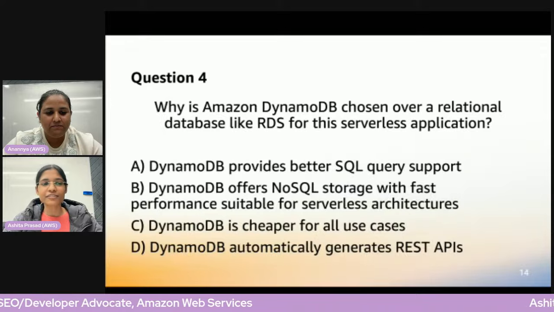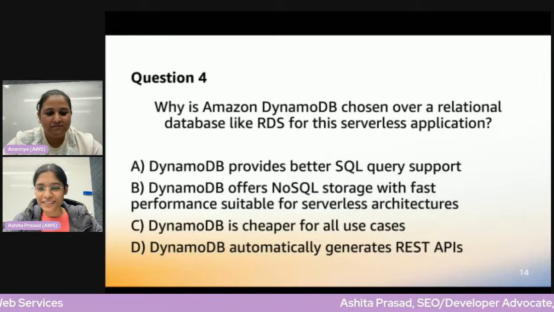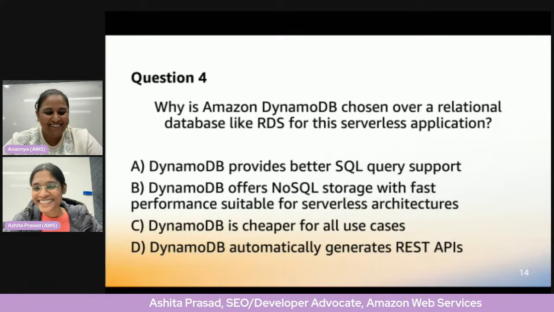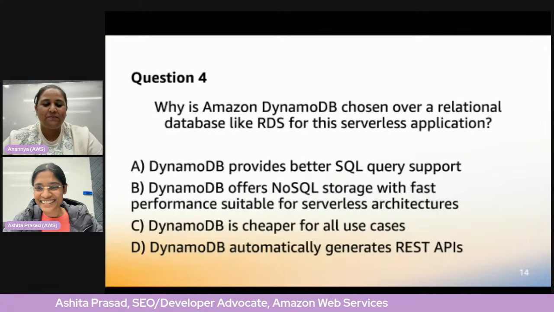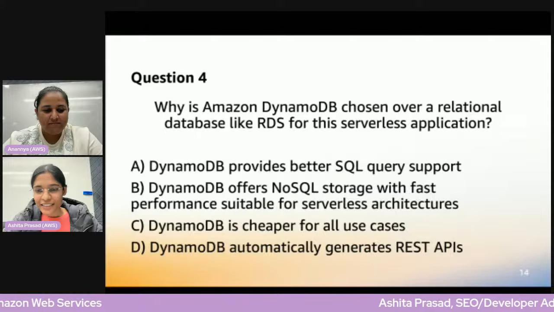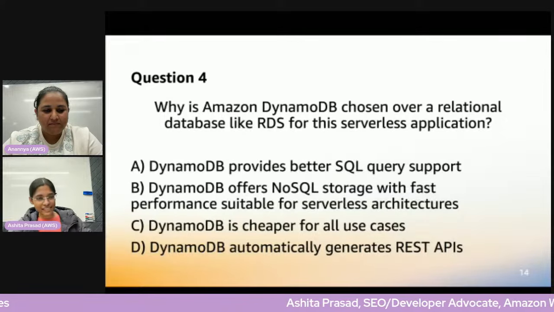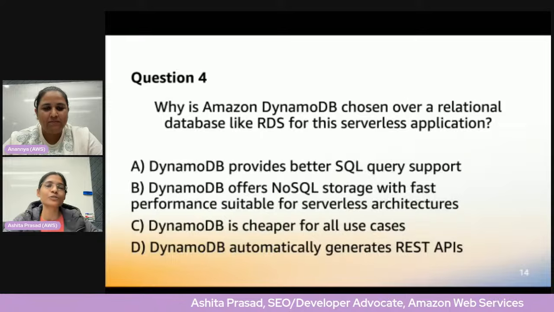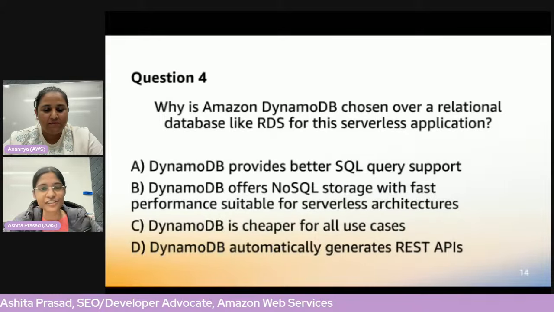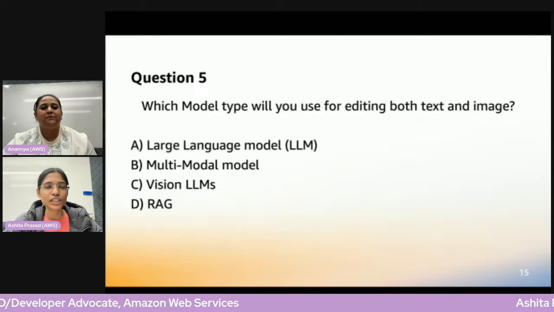Quickly, everyone. 30 seconds more. Roshan says it has to be B. Kumud, NoSQL and serverless. So you all are absolutely right. Yes, because it offers NoSQL storage with fast performance suitable for serverless architectures. DynamoDB is a NoSQL storage.